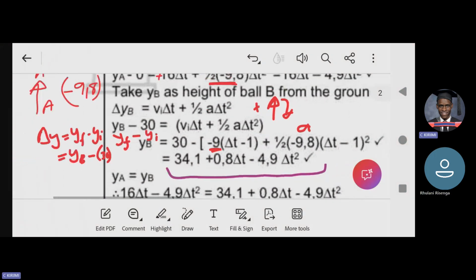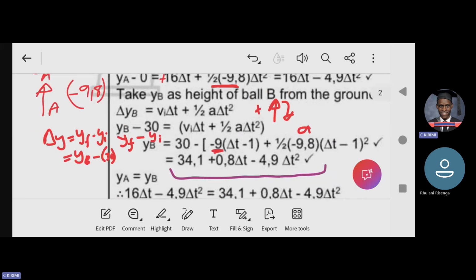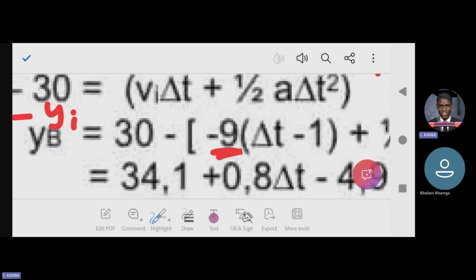Oh, but we have explained better that delta y, as we are looking downwards, it's YB minus 30. Yes, 30 was a positive because it's upwards. So this one, you are right. Then you are saying 30 plus what is on the right, isn't it?